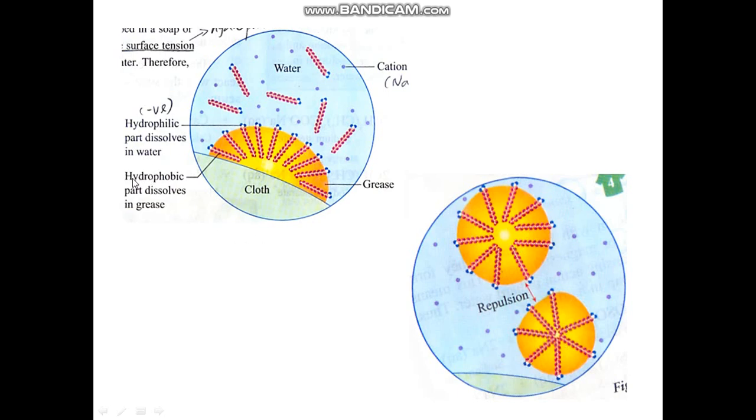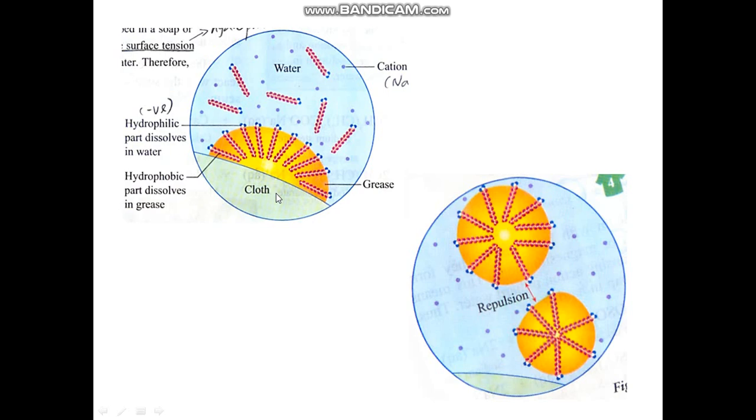You see the hydrophobic part of detergent anion or soap anion dissolves in grease. You see the hydrophobic part fully dissolved in grease, and the head, the hydrophilic part, dissolved in water. And this one is the cloth.